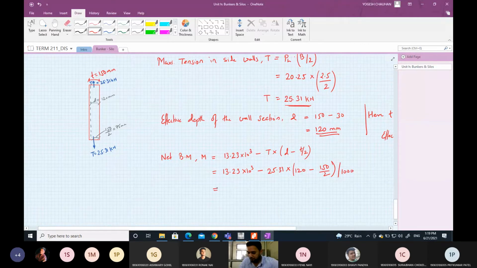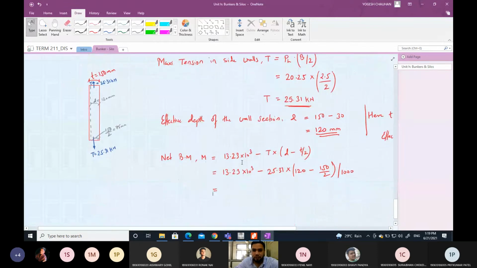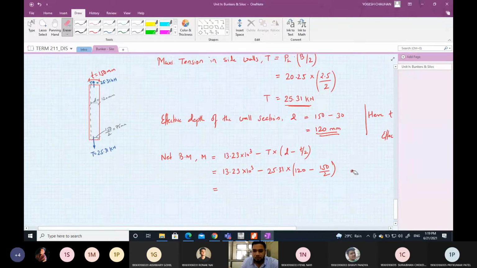So this will be 13.23. Wait a minute, we have already multiplied by 10 to the power 3, so no need to multiply by 1000. So 13.23 into 10 to the power 3 minus 25.31 into 120 minus 150 by 2.